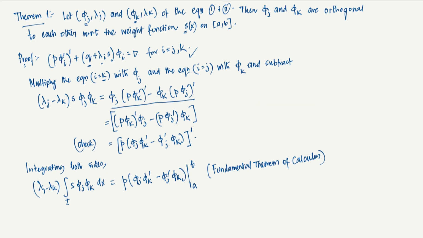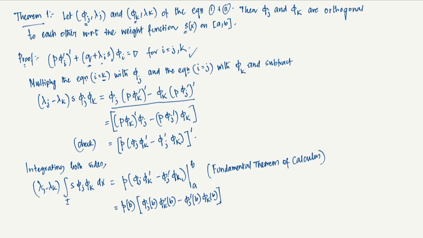So, and now you see, if I extend this whole thing down, what happens? I get this one p of b, and then this whole expression evaluated at the point b. What is it? This is phi j evaluated at the point b, and then phi k prime evaluated at the point b, minus phi j prime evaluated at the point b, phi k evaluated at the point b.